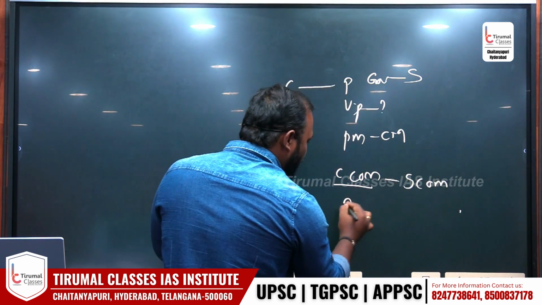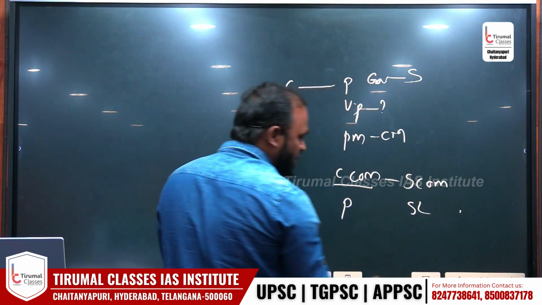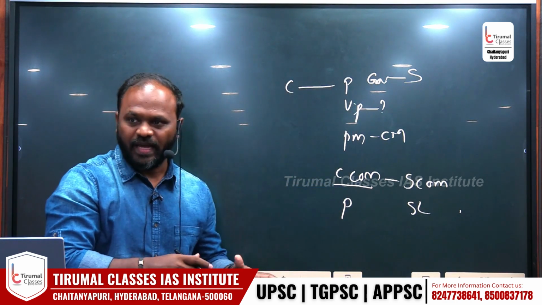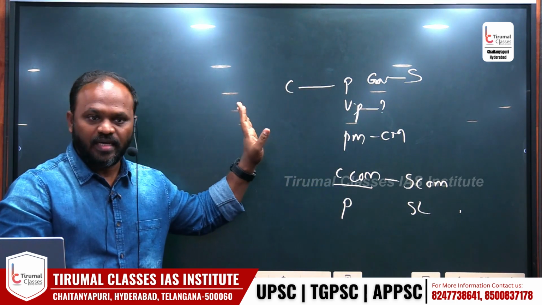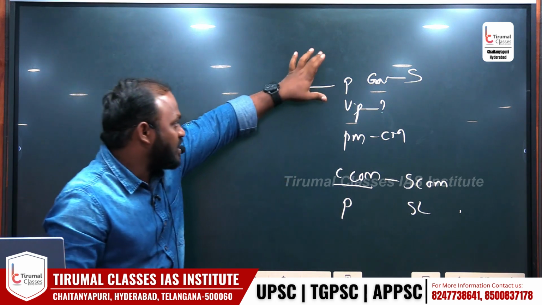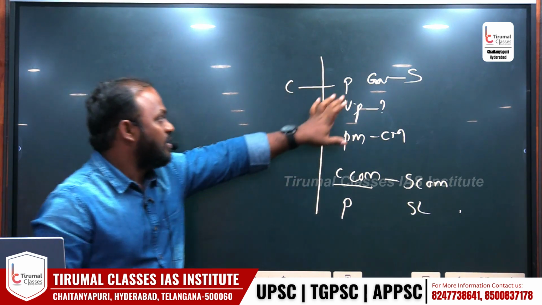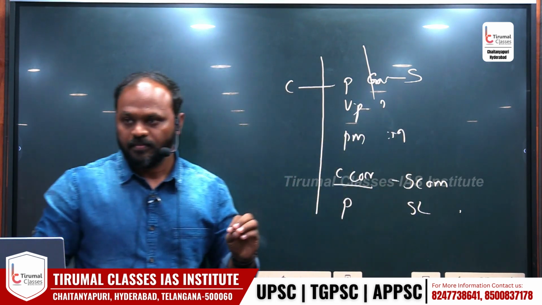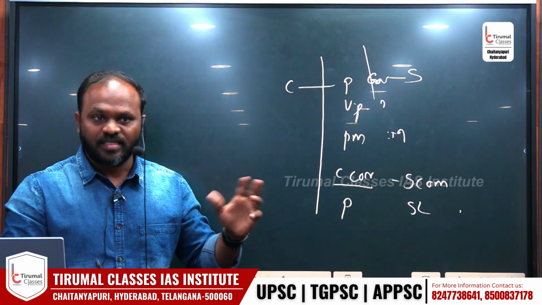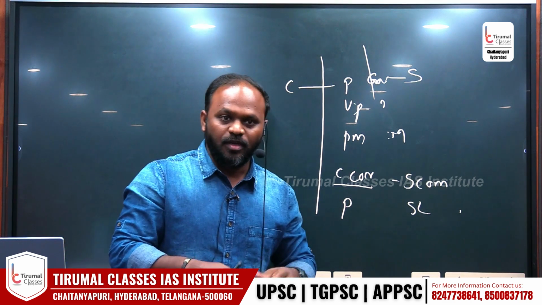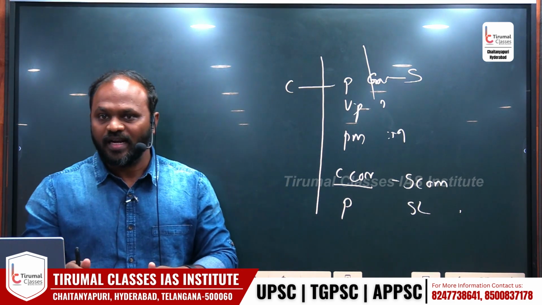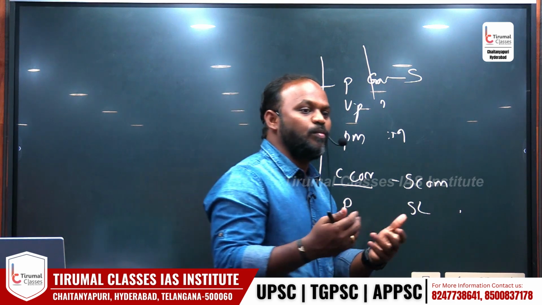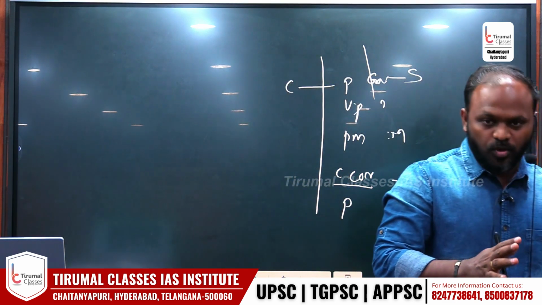Like here we have Parliament, there we have the state legislature. Like that we have parallelism. If we understand the central government structure, the structure of the state government becomes easy, a replica. It is something like a 1+1 offer. If you understand the central government in detail, the state government will become your bonus.